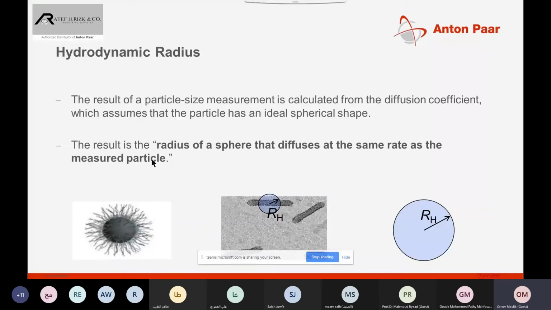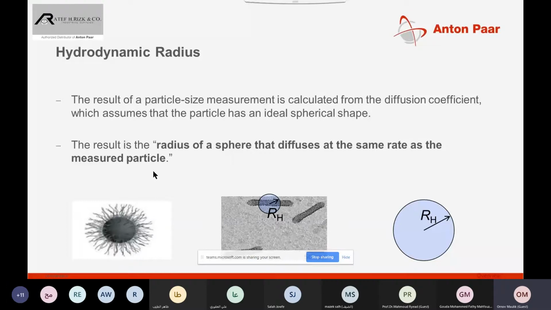In this case also, similar to the laser diffraction technique, most of the times you are considering that the particles present in the solution are spherical in nature. You can see in this photograph, even if you have an elongated particle, the result you are getting, especially the hydrodynamic diameter, is considering that this elongated particle is moving as fast as this shown spherical particle.